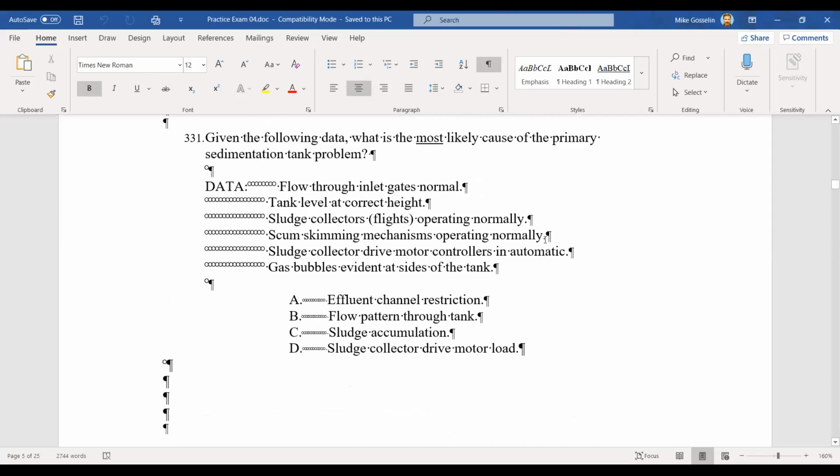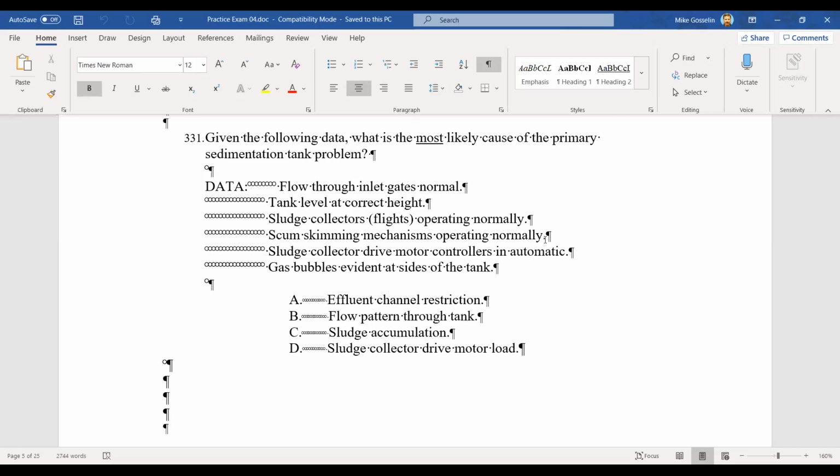Given the following data, what is the most likely cause of the primary sedimentation tank problem? Flow through the inlet gates is normal. Tank levels where it's supposed to be. Flights are operating normally. Skimmers operating as they should.